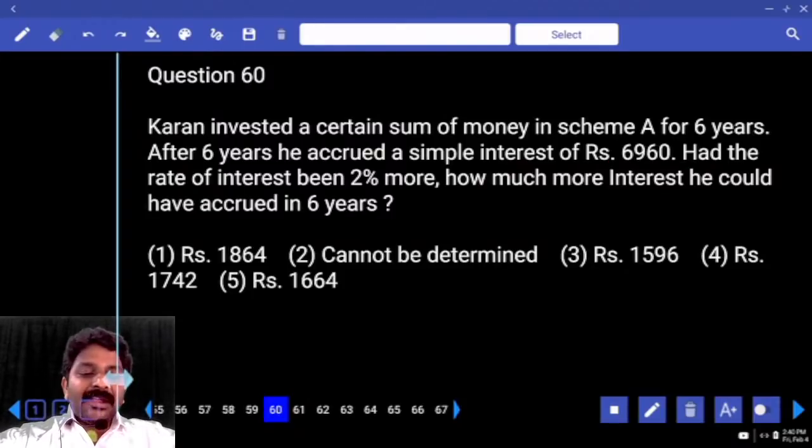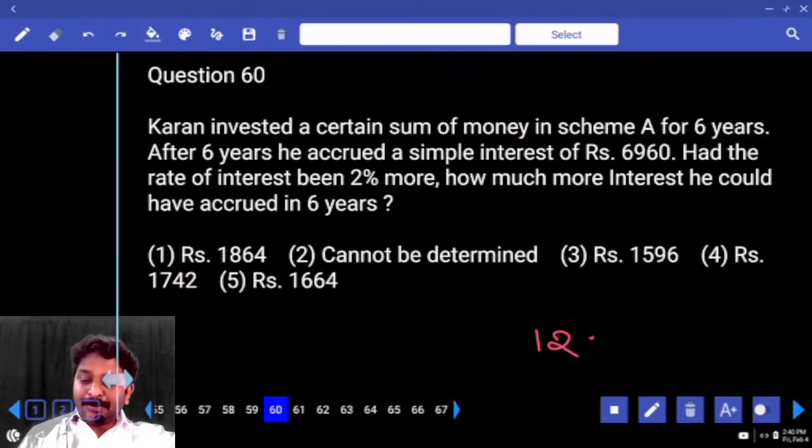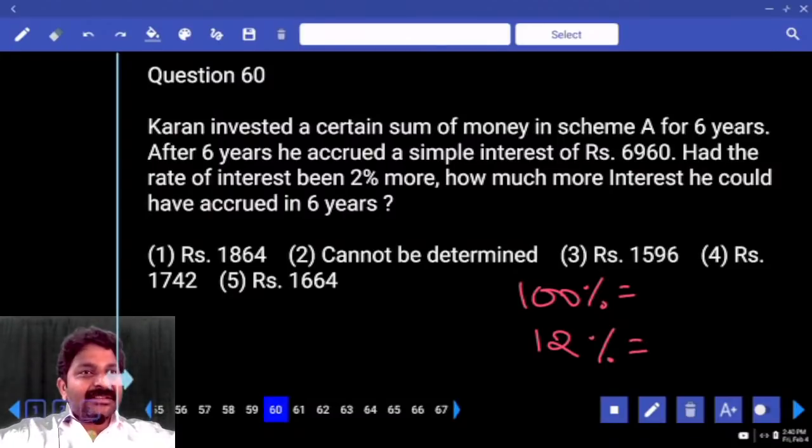Continue. Had the rate of interest been 2% more, how much more interest would you have accrued in 6 years? Now what is the increase in the rate of interest? In 6 years together, it increases by 12% only. If you know the principal, which is equal to 100%, then we can answer the question.